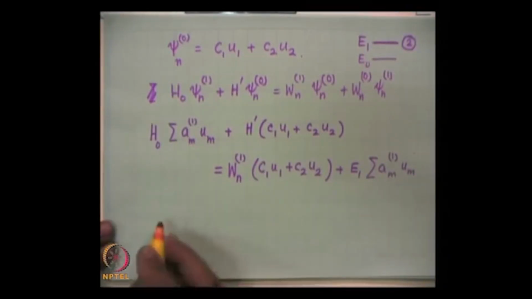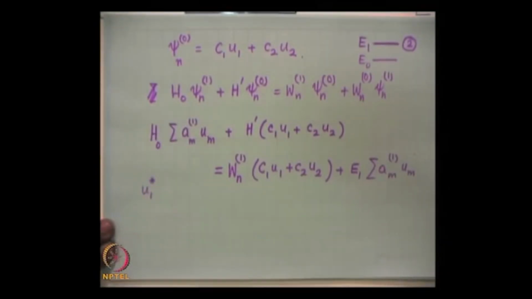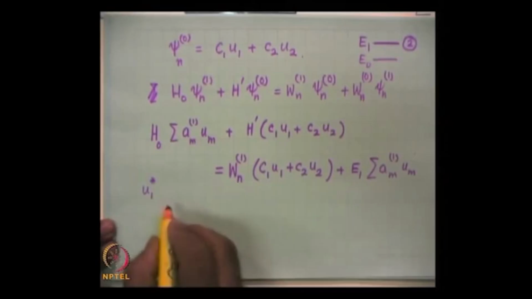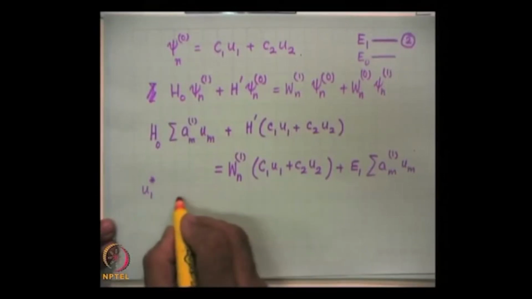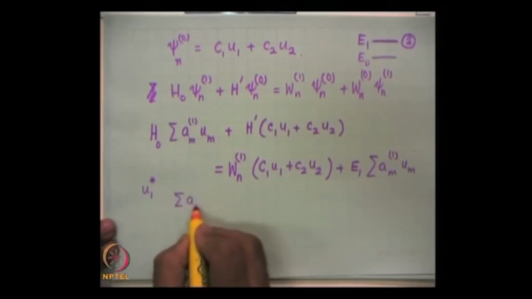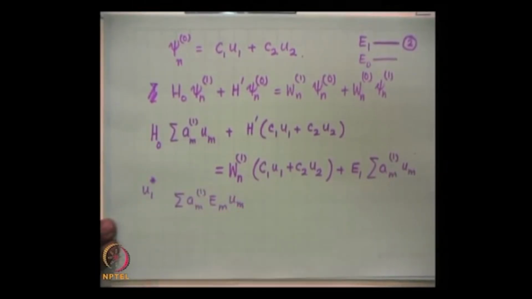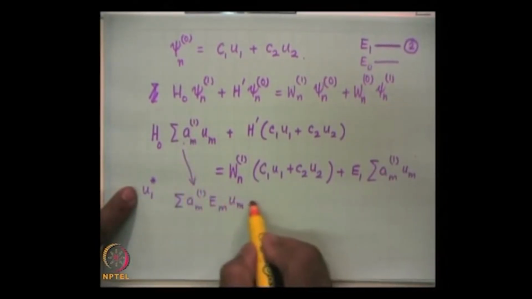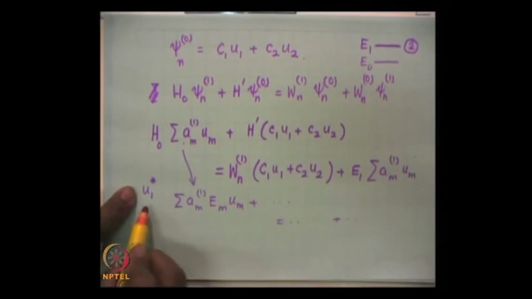Now, I first multiply this by U1 star and integrate. H naught, I have to write again, because the first term will be summation A M1 E M U M. The first term becomes this term and the remaining terms remain the same. I then multiply by U1 star and integrate.